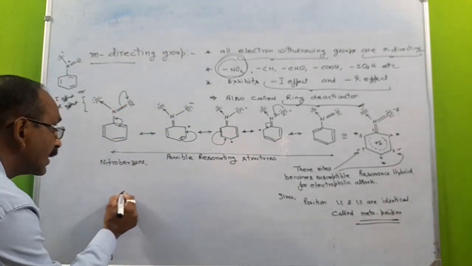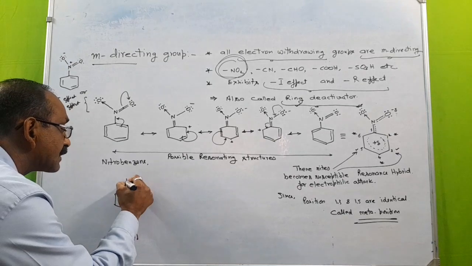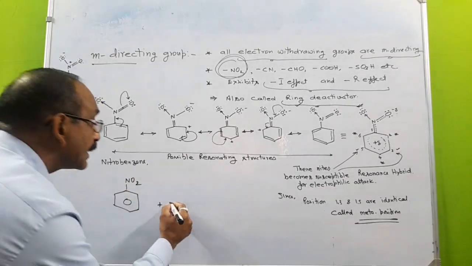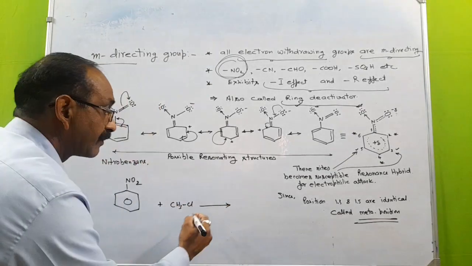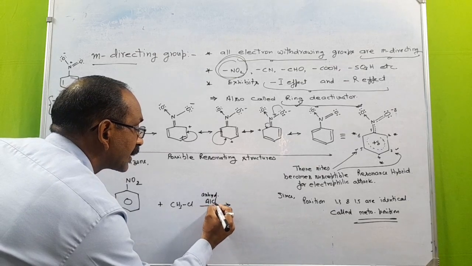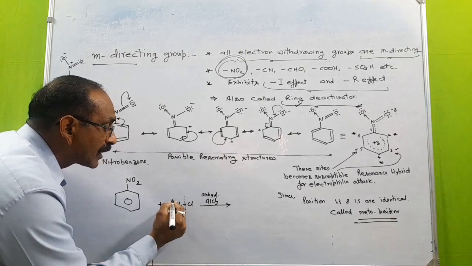See, suppose here it is the ring, and at this already there is an NO2. Now if this undergoes the Friedel-Crafts alkylation, see here I am taking anhydrous AlCl3. See what will happen here, in the first step electrophile will generate.